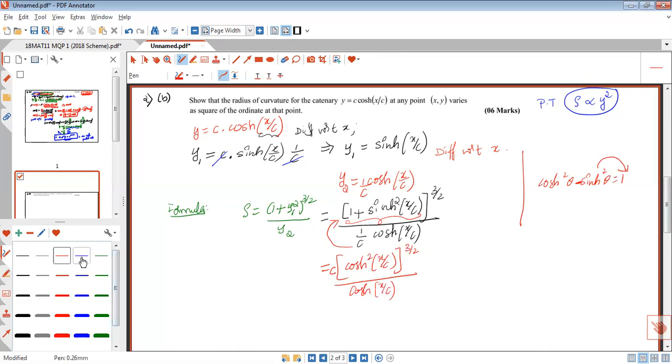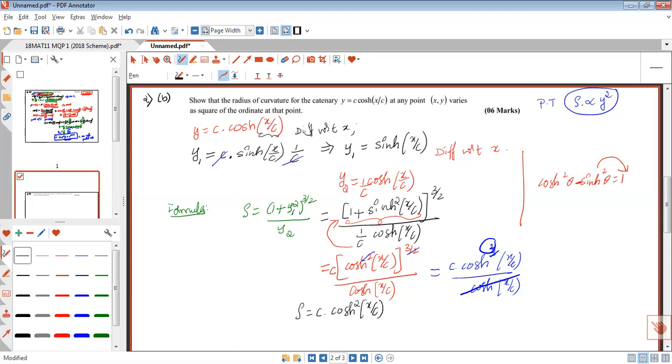The square and square root get cancelled. We get c times cos h to the power 3 x by c, and the denominator has cos h x by c. Again it's cancelled, so the square remains. So the answer is rho equals c times cos h square x by c.